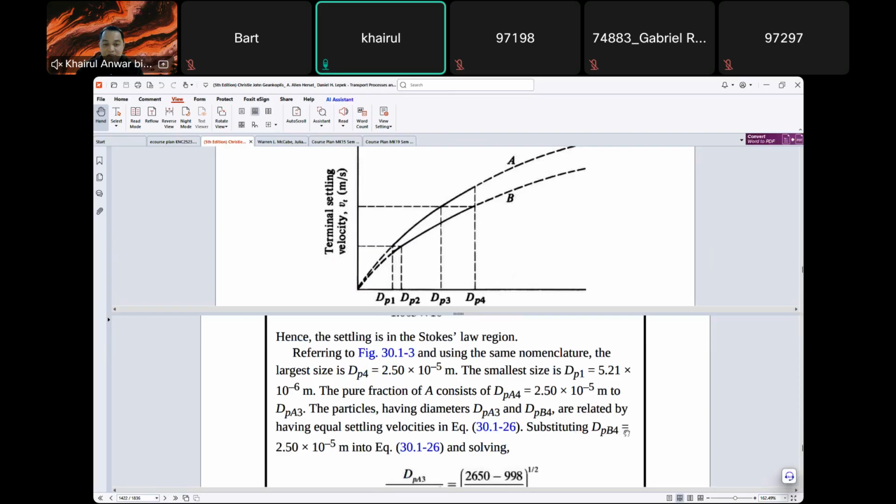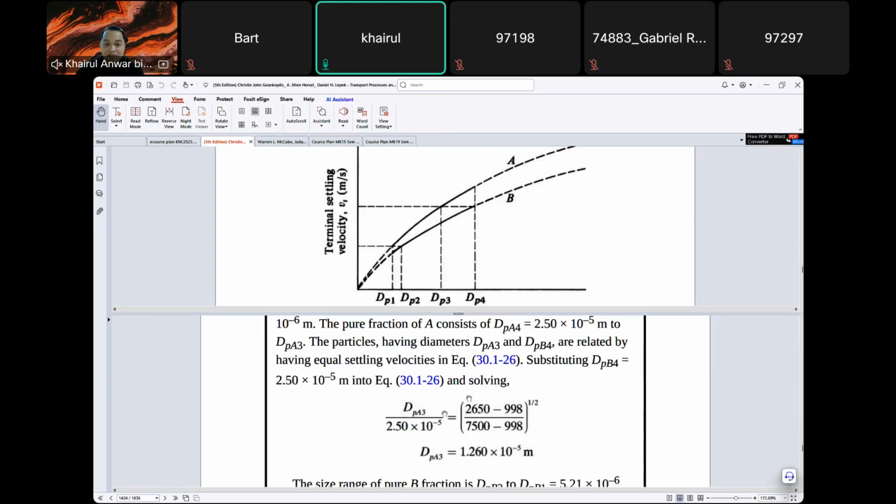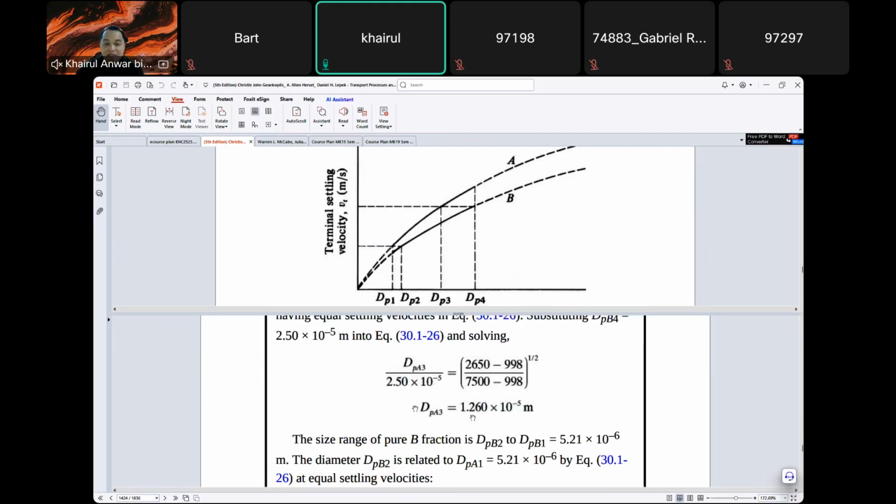Substituting dpb4 equal to this value, which is similar to dp4, in order to obtain dp3, we only have dp1 and dp4. So to get dp3, you use 30.1-26 and you get dp3 equal to 1.26.